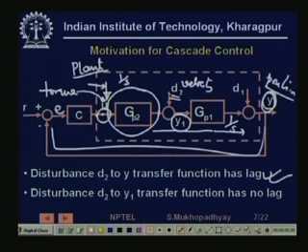Even if the disturbance is acting here, the transfer function between the disturbance here and the measurement, the variable y1, has much less lag than the lag between this disturbance and this output.